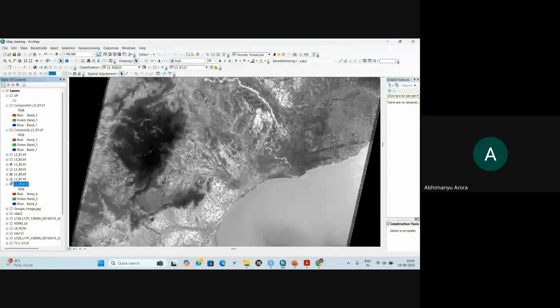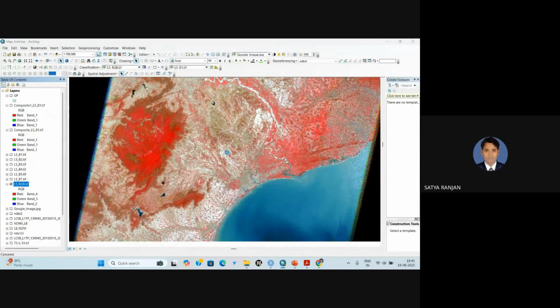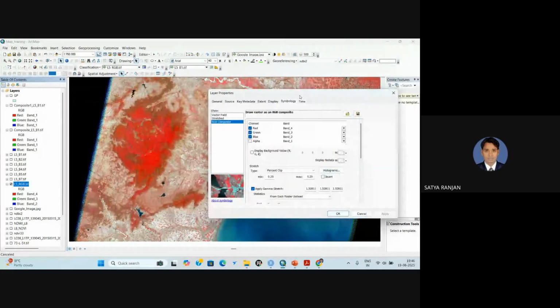So these are the bands. For blue, I give band 2, which means in the false color blue to green. Band 2 is my green.